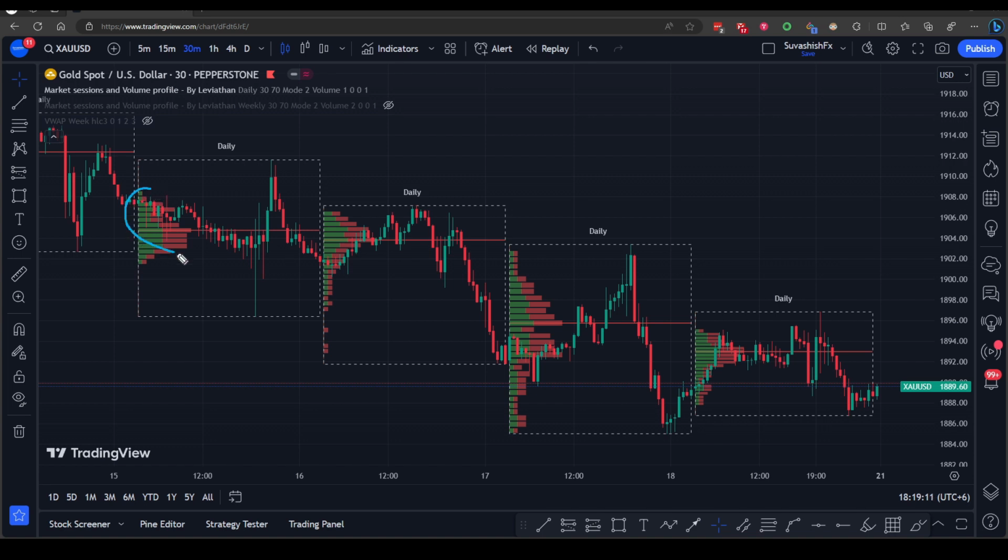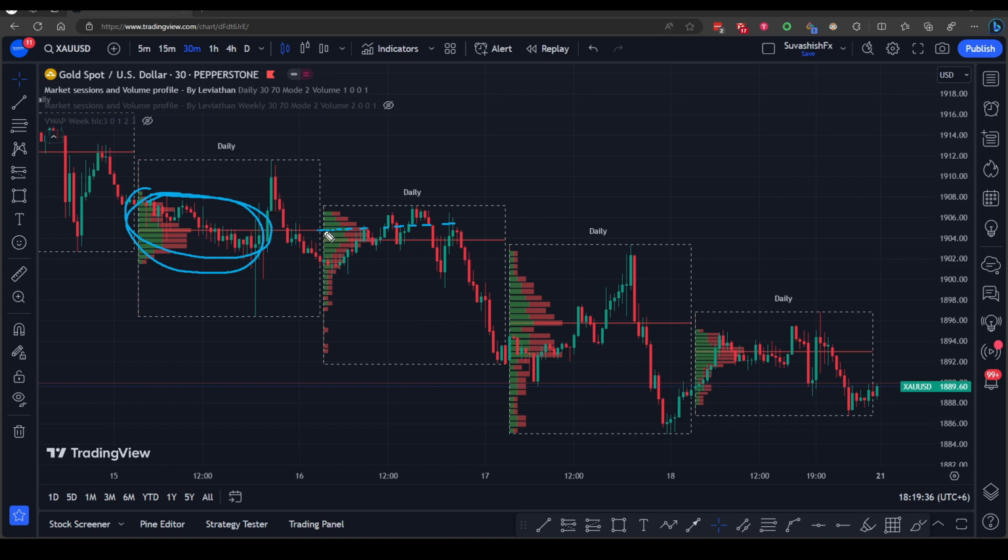Like there's the zone, see, and that's the POC line you can see. Because we know that institutions are in here, they don't want to lose their position, because if they lose their positions, they will definitely lose their amount.